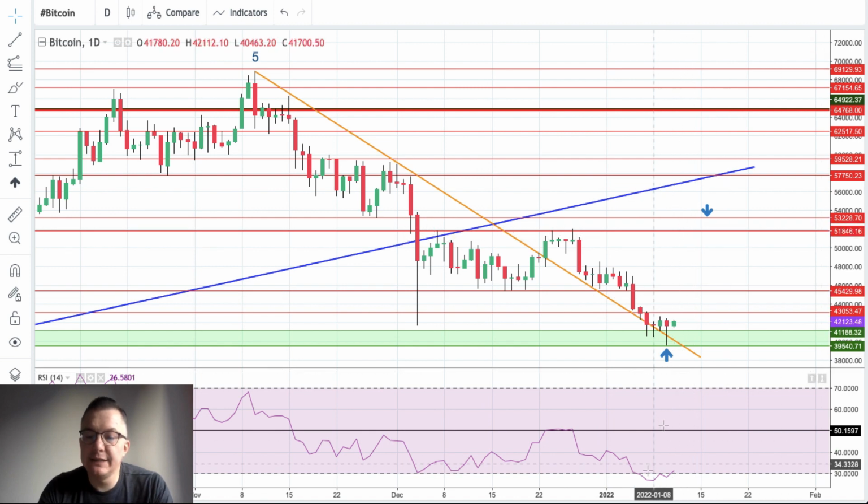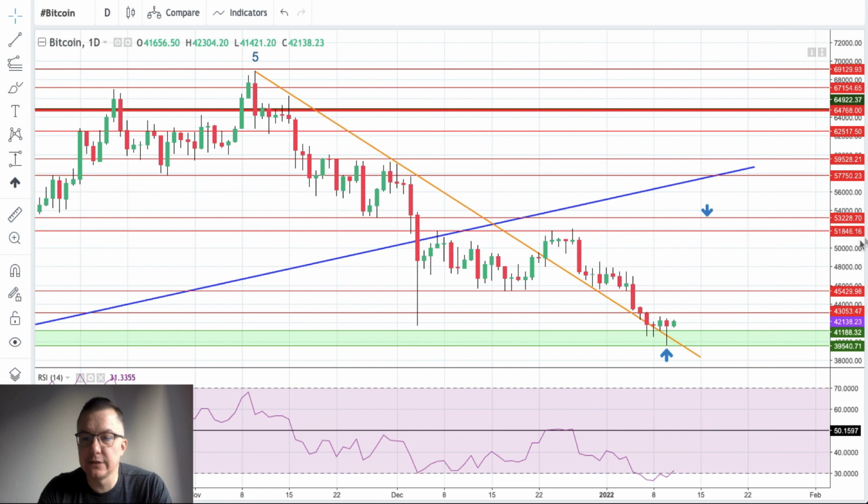But whether this bounce will be enough to break higher above the blue line, well, we will see in the nearest future, because the last attempt, as you can see, stopped at the level of 50 on the RSI indicator, which of course separates negative sentiment from positive sentiment.